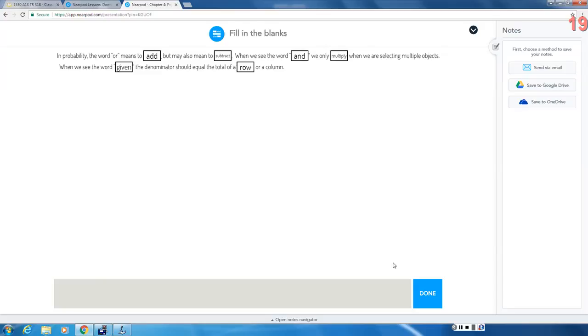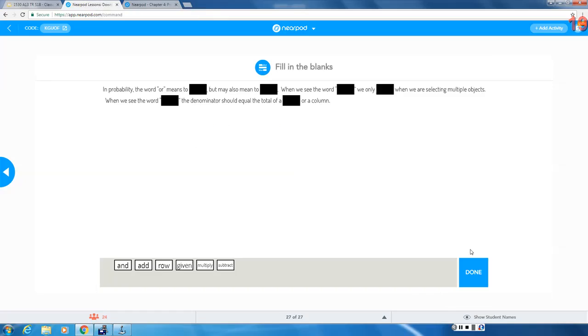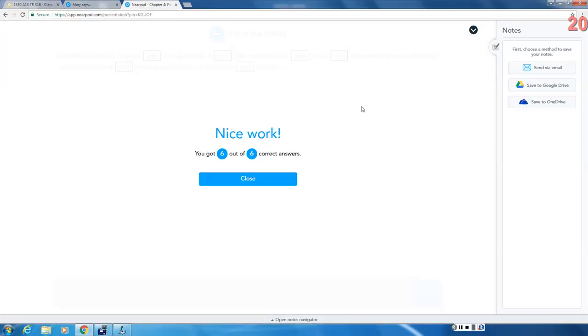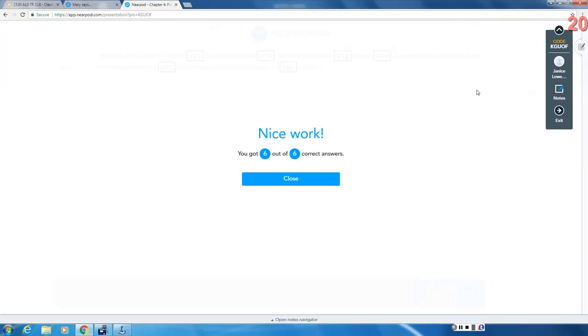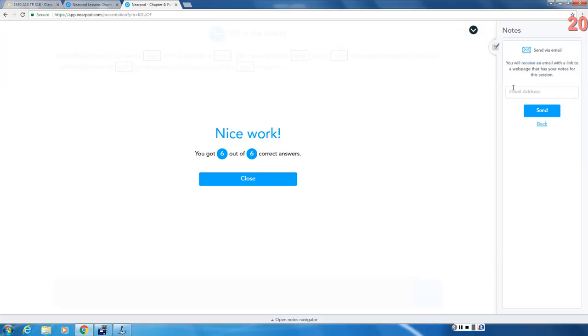Okay, a fill in the blank. If you want to save that Nearpod, you can click the down arrow and choose notes, and email it to yourself or put it to a Google Drive. Put in your email address.